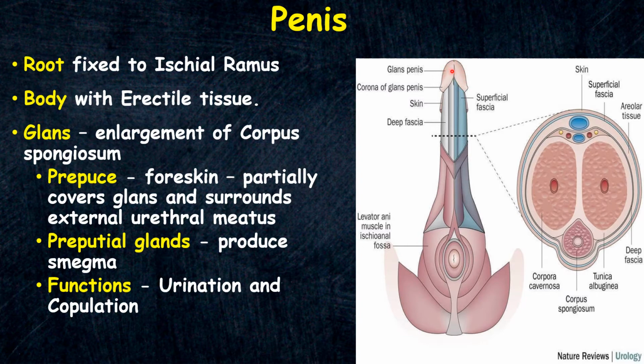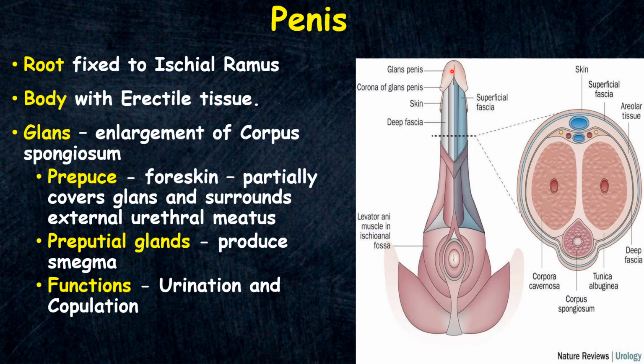There is the prepuce of the glans penis, a foreskin that partially covers the glans and surrounds the external urethral meatus. The prepuce can be removed during the circumcision procedure. Then the preputial glands produce smegma. The main functions of the penis are urination and copulation.